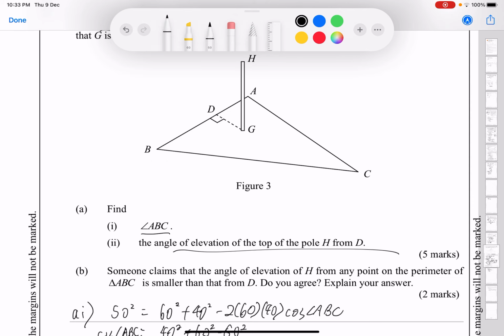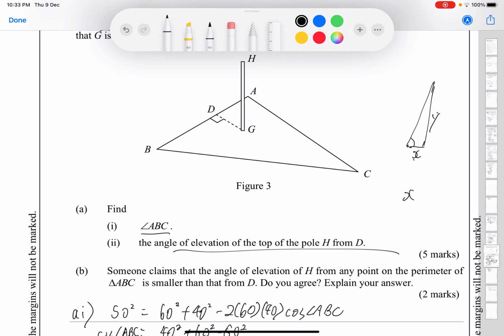So, we first need to know when the angle of elevation is biggest. Angle of elevation is this angle. So, when the angle of elevation is biggest, let this be y and this be x.